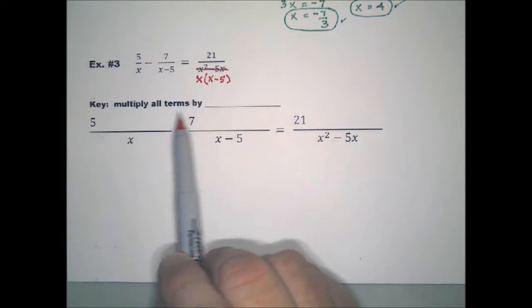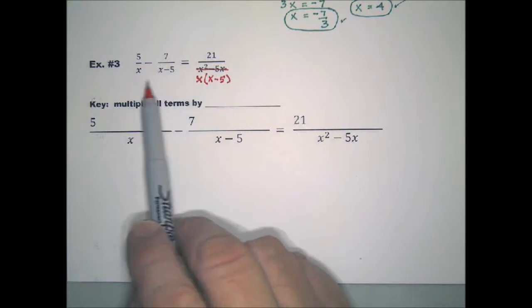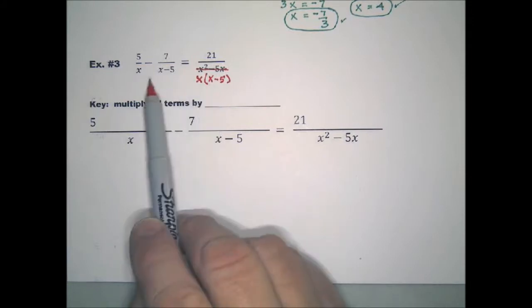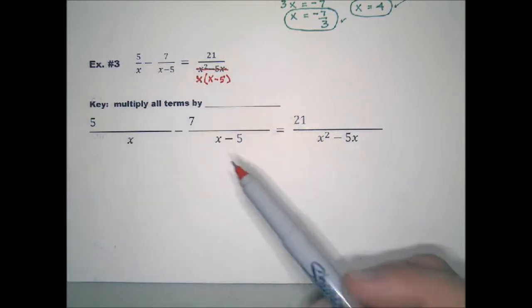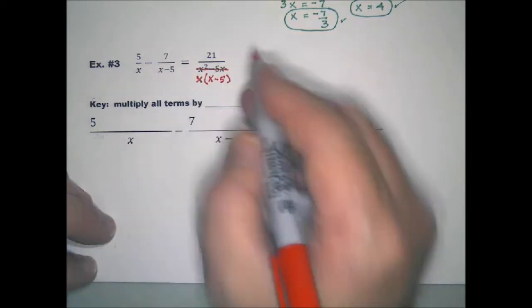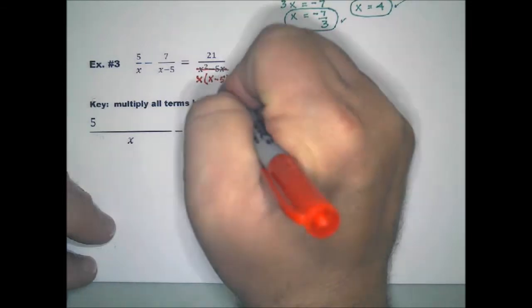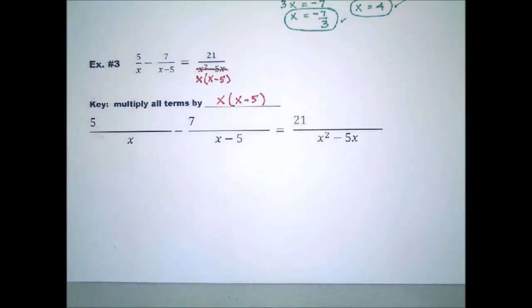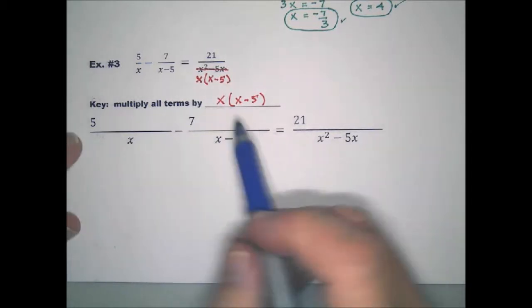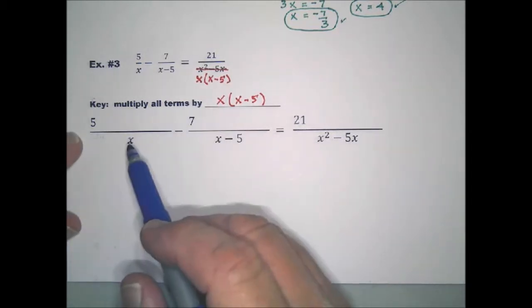So, the key to this problem, in order to clear the denominator, I'm going to multiply all the terms in this problem by the least common multiple of x times x minus 5. So I set the next step up to where I'm going to do exactly that.